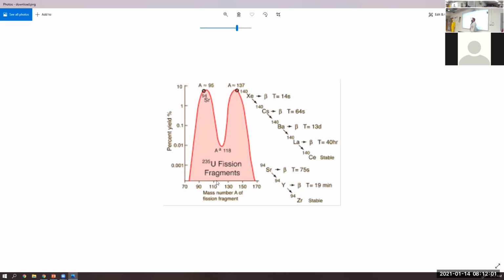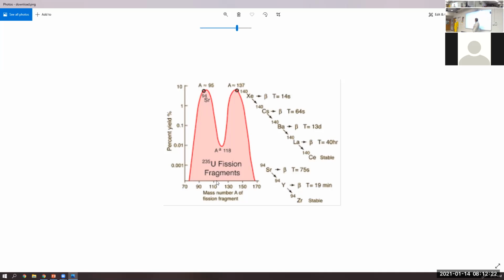But what this is saying is the highest probability is going to be one fission fragment with an A number between 95 and 96 or 97, I think it is, and between 130 and 137. You're going to have one of each of those. And the numbers that you can get larger, right?